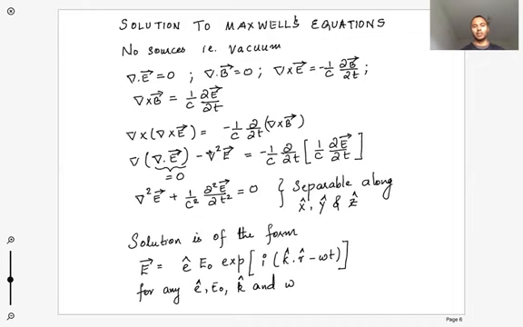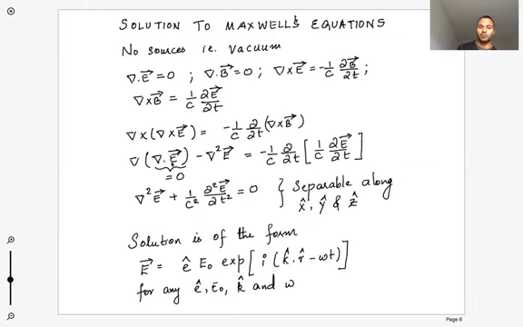And this operator basically gives you second partial derivatives. So this operator is basically d square by dx square, second partial derivative with respect to x, second partial derivative with respect to y, second partial derivative with respect to z. So that's called the Laplacian. So that's the left hand side.